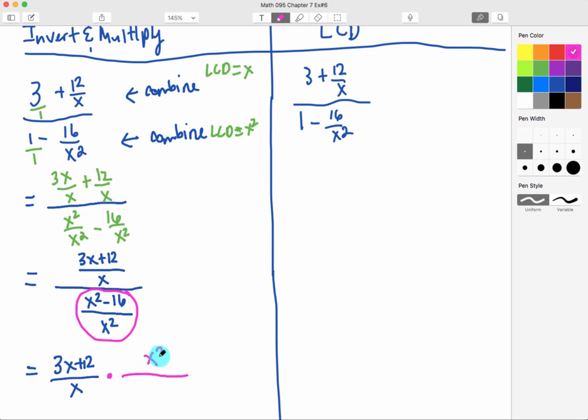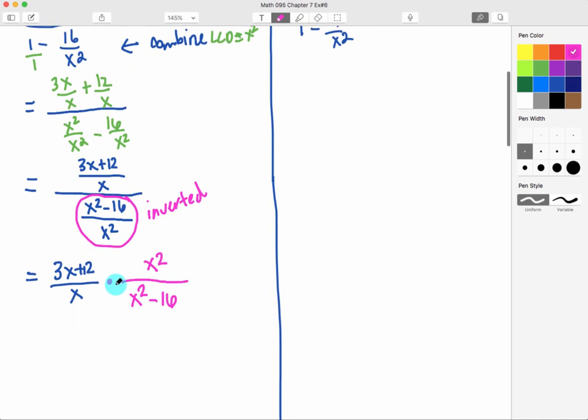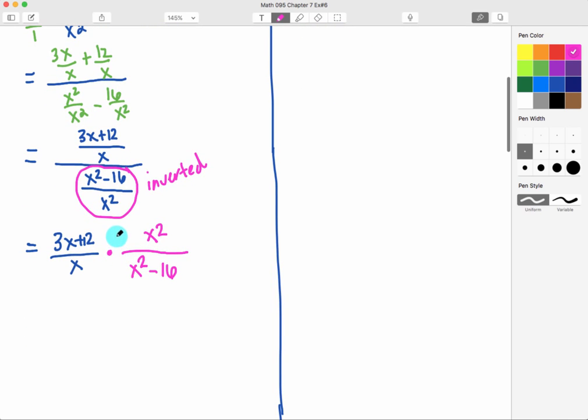So x squared goes on the numerator, x squared minus 16 is now the denominator. I have inverted the second fraction, and when I did that, my division turned into multiplication. All right, so now we're just back to a multiplication problem.